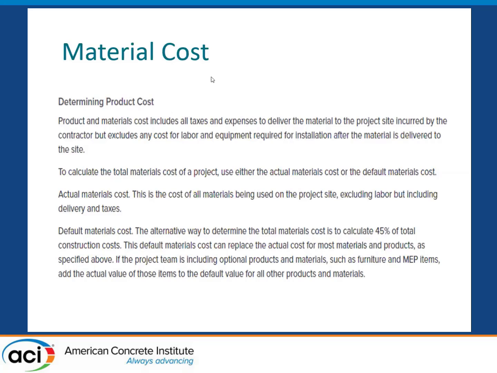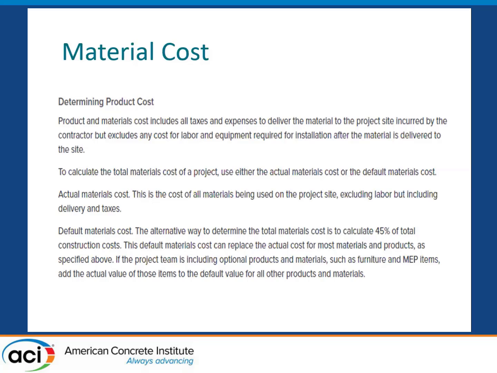So one of the things that is always a key to watch when you're using the LEED documentation, and I get this all the time, is people think that if we're using concrete, I need to get the cost of the material from the concrete producer, which is not the case.